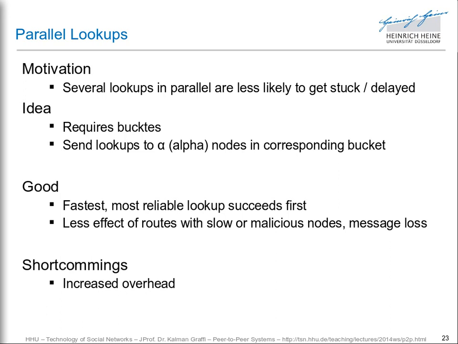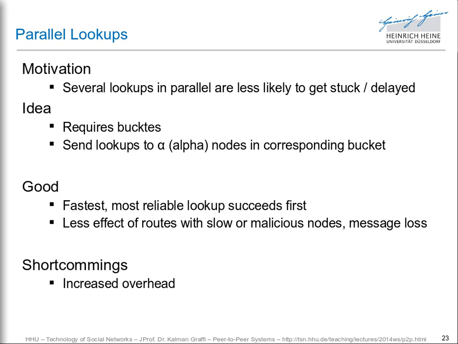So as we use parallel lookups, they might go different ways. If we have a malicious node there, maybe a lookup can be dropped, but the other lookup may reach its target. And we have some shortcomings.